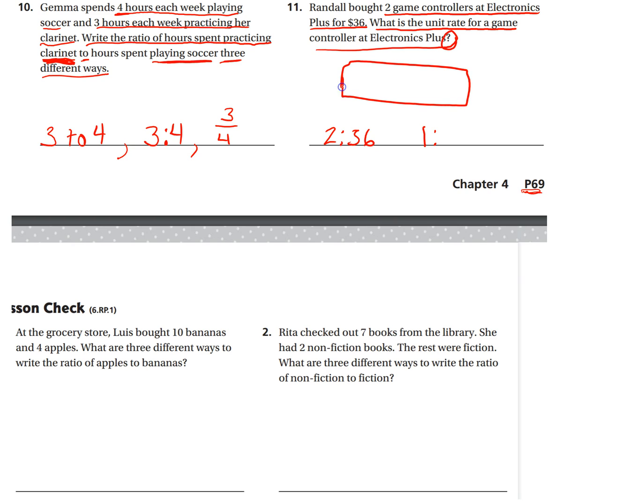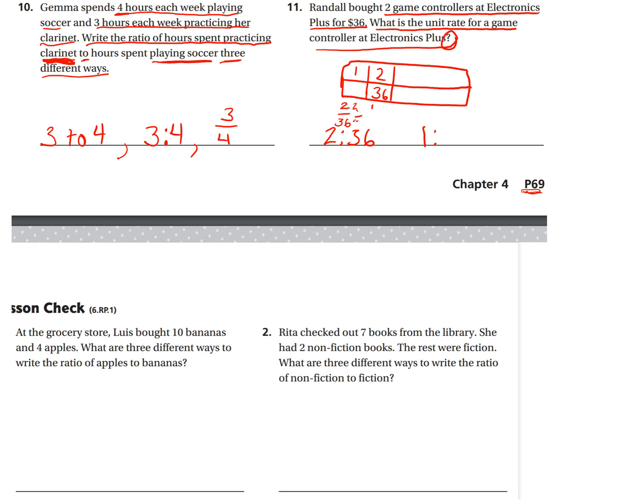We can make a table, and we can say, okay, 2 game controllers was $36. How much would 1 game controller be? Well, to get that, we just need to simplify this. If we think of this in fraction form, 2/36, we simplify this.